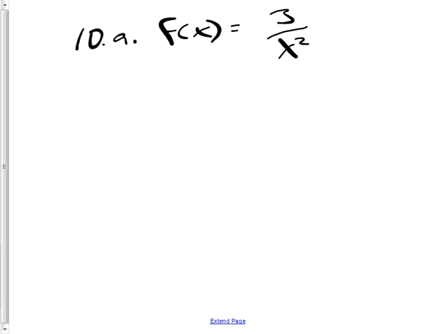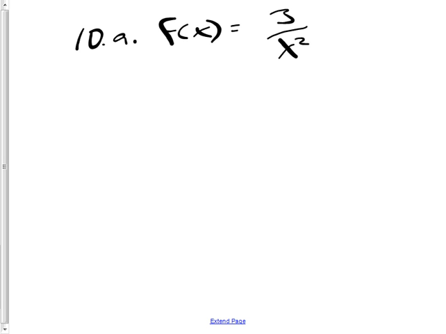10A. It says f of x is 3 over x squared. Given that k, r, and n are constants, do I have a k or an r or an n in here? No. Therefore, that doesn't even talk to me. But determine whether the function is a power function.